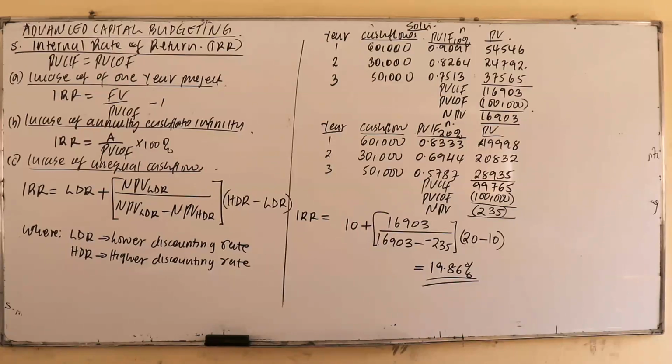That was part C. Now let's go to part D. We are looking at various methods of determining IRR. Number one was in case of a 1 year project.